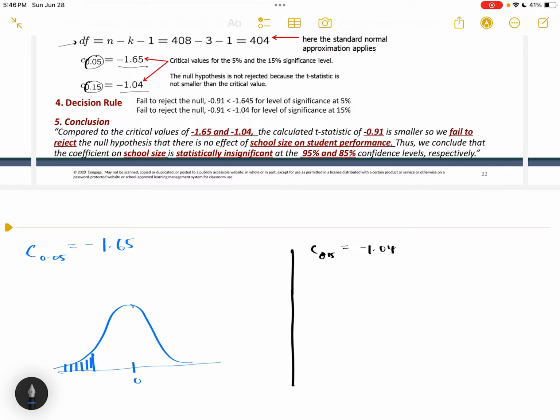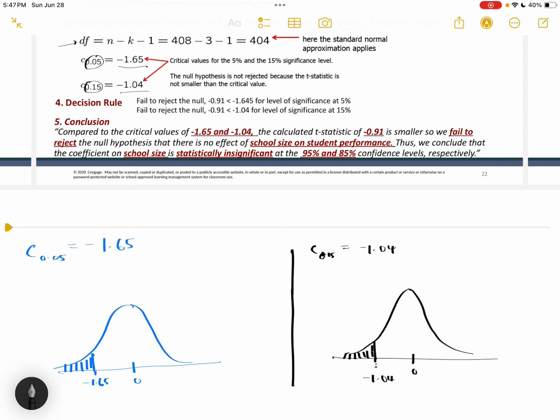And using the critical value, I find my shaded 5%, and that's associated with the critical value negative 1.65. Now, in black, I'm going to draw something similar for this other side.